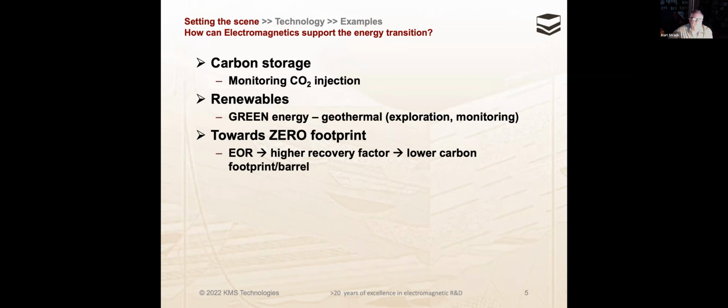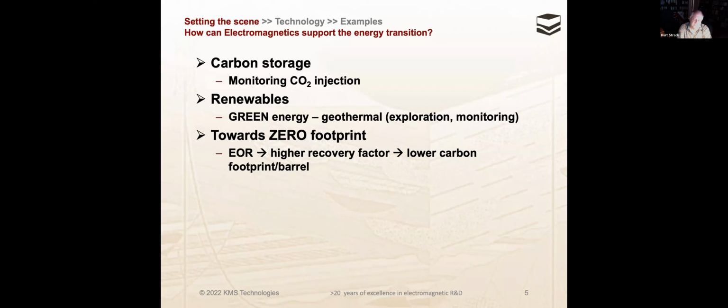Again, for carbon storage, it is the monitoring of the carbon dioxide injection and how it develops. We do not want that plume to disappear. Let me also emphasize that it's extremely important to monitor the seal integrity at the same time, so that the seal does not break.